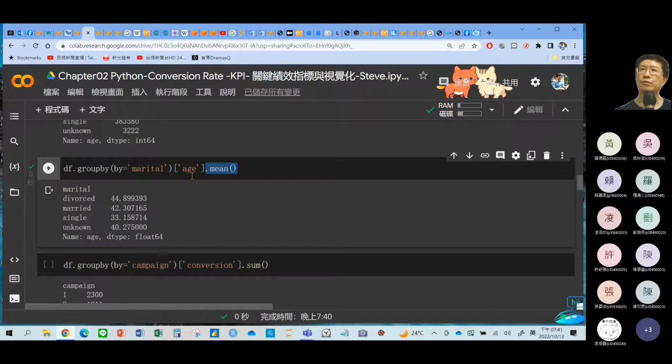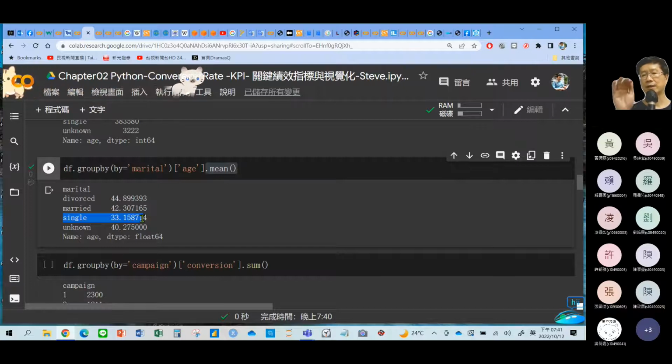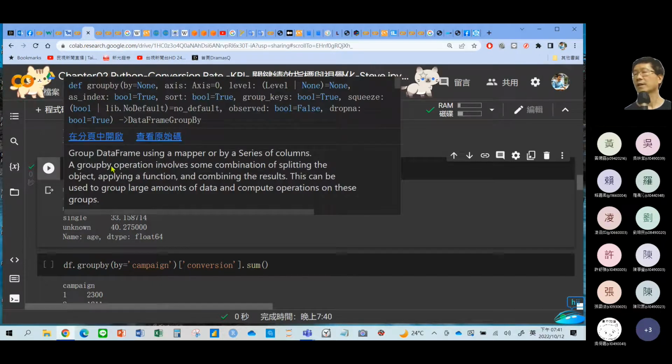Average of age. 好，所以说已婚的平均年龄呢 ，42， 大概少了3岁。What about single？ 单身的人呢，大概是33岁 ，33 years old， 大概10 years different. 好，所以说 ，so using Python group by, it is easy for you guys to get the information you want.